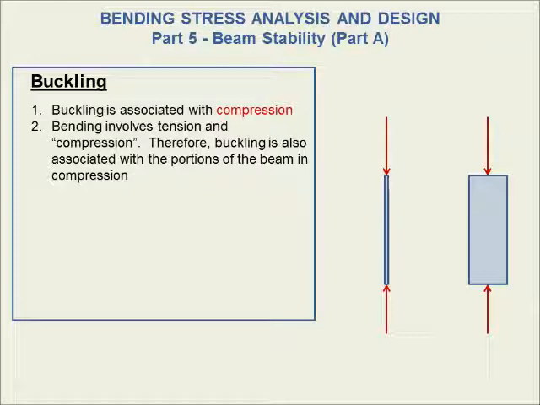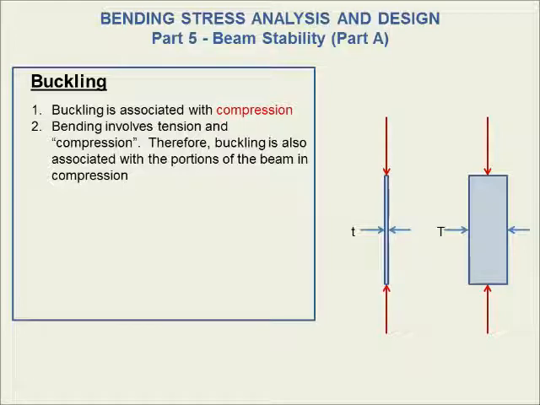Well, I think we all can intuitively point out that it has something to do with its slenderness. If they have the same length, but one is skinnier than the other, then it's going to take more force to buckle the less skinny member.